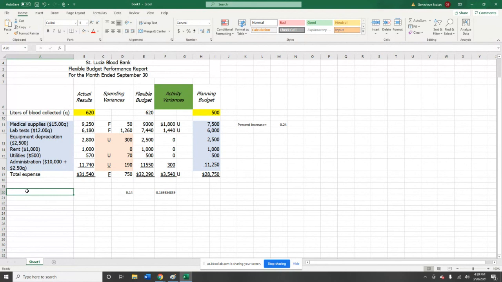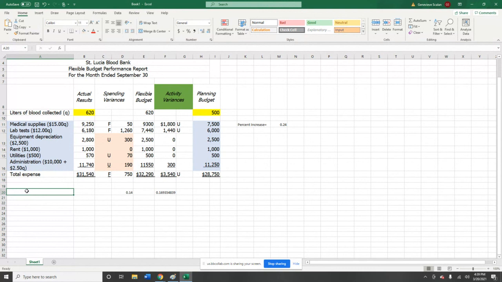So I think the only thing that would be that interesting to me would be the lab tests having a 17% favorable variance. And it's not like I go, oh yeah, yay, favorable. It's like, wait, this is kind of a standard that we need to follow, testing all the liters of blood.